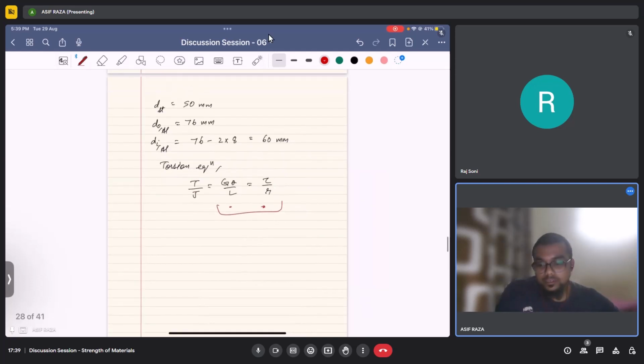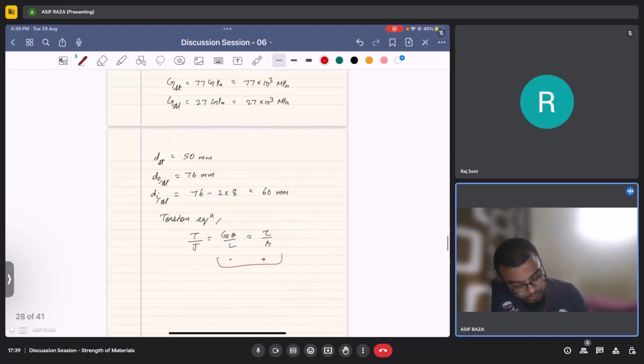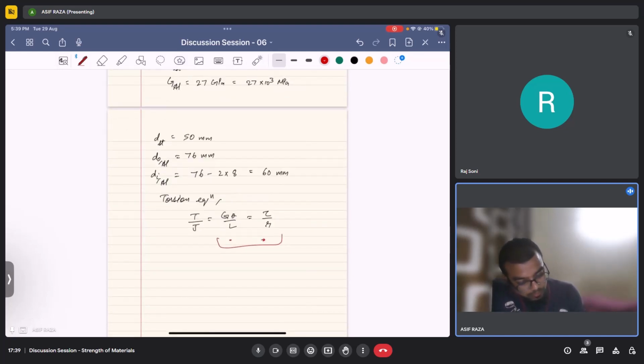So first thing first, let us calculate the polar moment of inertia for both systems, steel as well as aluminium.